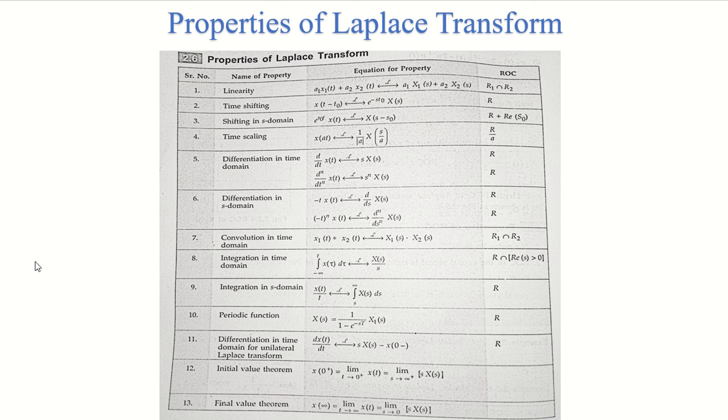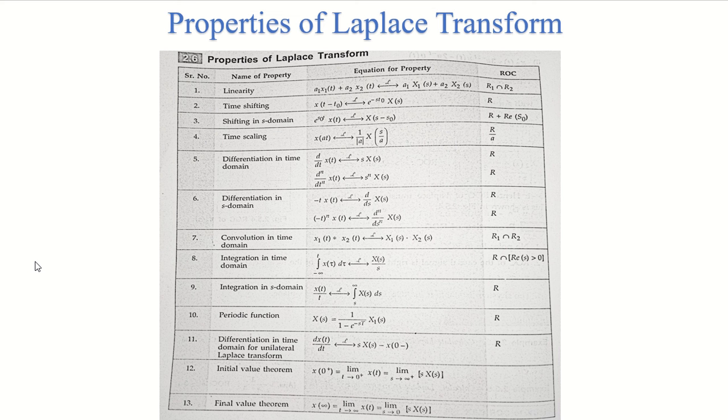So s x of s minus x of 0 will be the differentiation in the time domain for the unilateral Laplace transform, and its region of convergence will also be R.